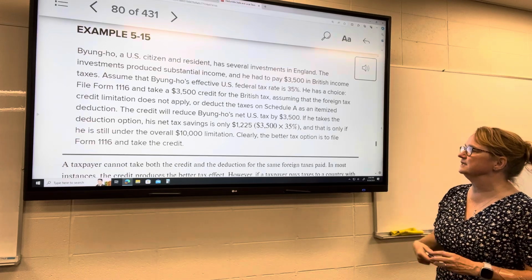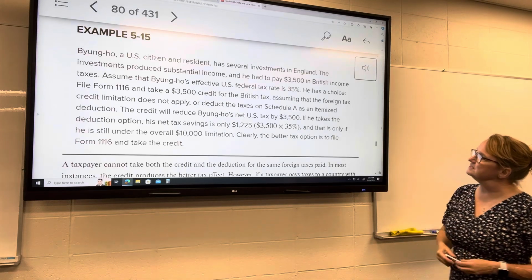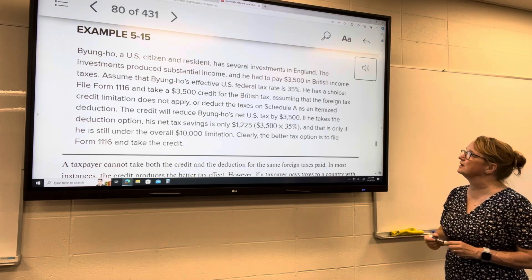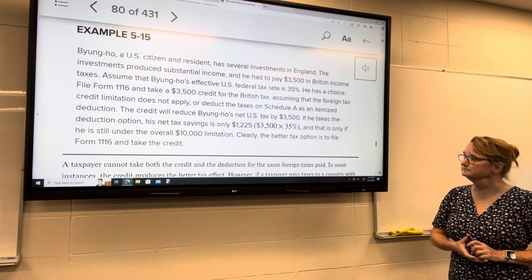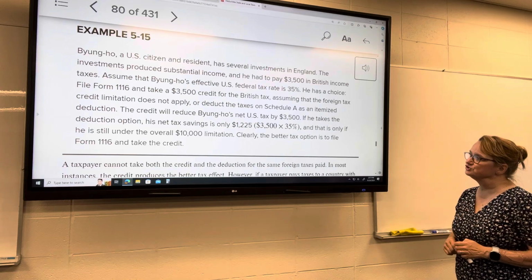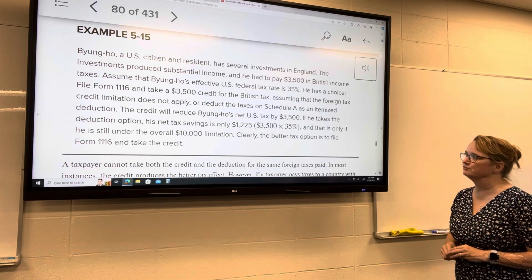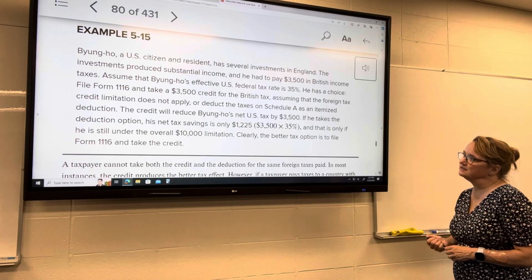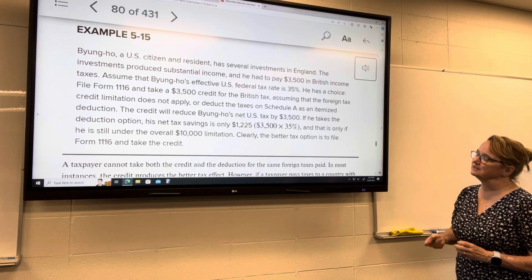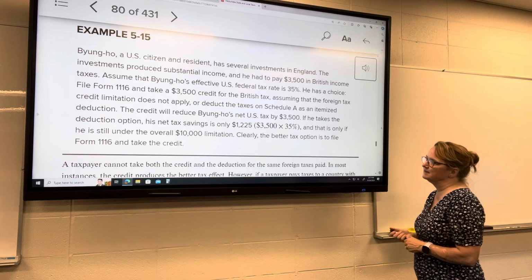So this is actually an example of how the credit is probably more advantageous. U.S. citizen and resident, several investments in England. Investments produce substantial income. He had to pay $3,500 in British income taxes. Assume that his effective U.S. federal tax rate is 35%. He has a choice. He can file Form 1116, which is the foreign tax credit form, take a $3,500 credit for the British tax that was paid, assuming that the foreign tax credit limitation does not apply, or he could deduct the taxes on Schedule A as an itemized deduction.